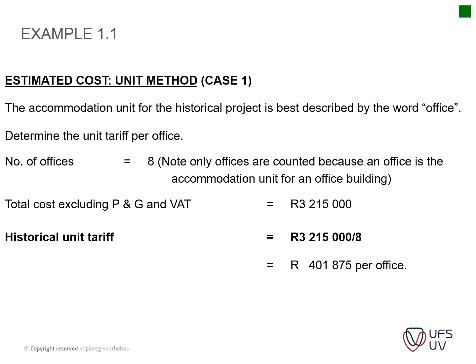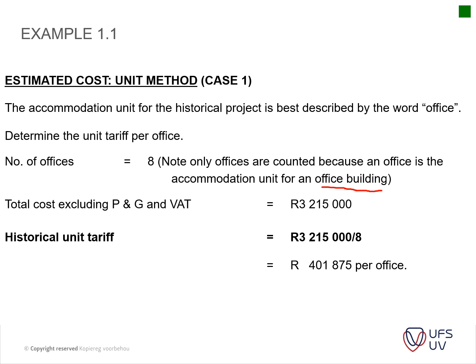So to determine a unit tariff per office, we count how many offices there are. So 8 offices. Note, only offices are counted because an office is the accommodation unit for an office building. Like the tea rooms, the toilet facilities and all of that is excluded, so just mind that.